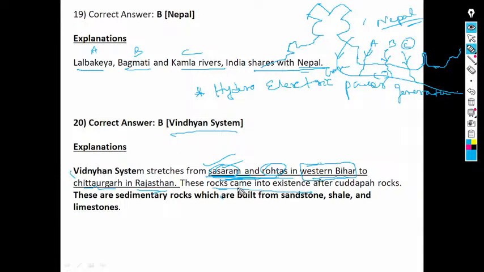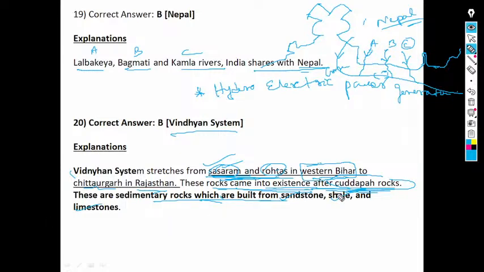These rocks came into existence after the Kadapa rocks. These are sedimentary rocks built from sandstone, shale and limestone.